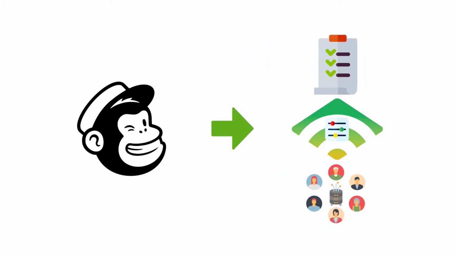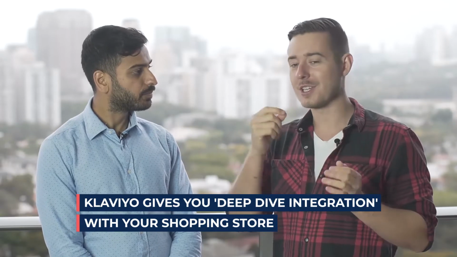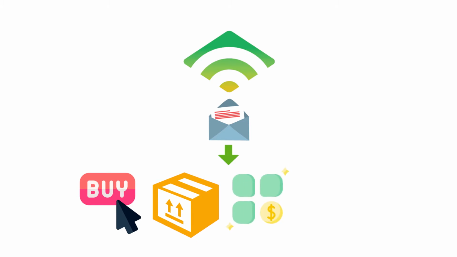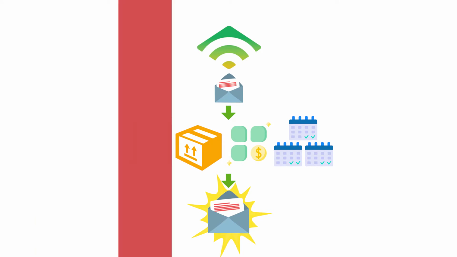And start setting it up. If you want to send out really specific emails to specific segments of your list, Klaviyo gives you that deep integration with your Shopify store where you can say, I want to send an email to everyone who bought this product from this category in the last 90 days, and send them a special email because maybe there was a small issue with that product.